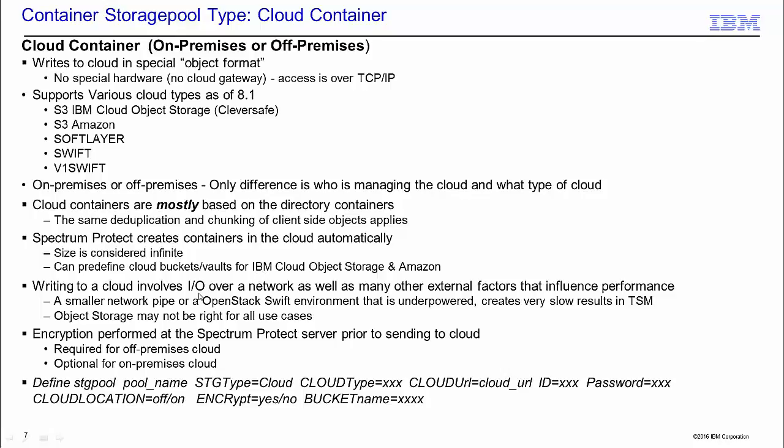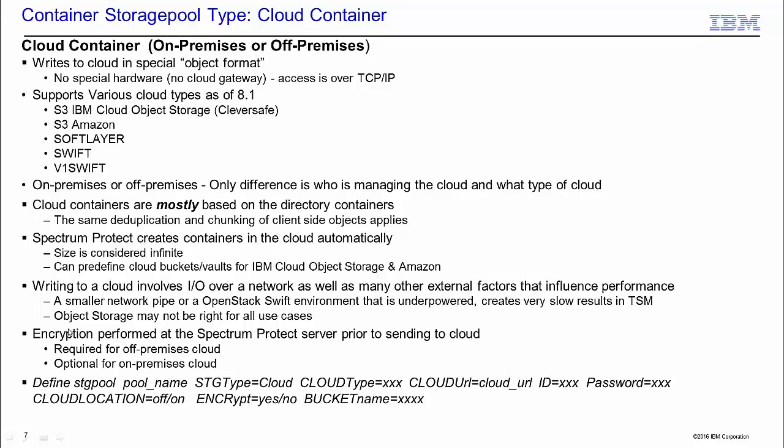One thing to remember is that anytime we're writing to the cloud, we are very dependent upon the network and any other external factors that influence that performance over the network. So for instance, if you had a smaller network pipe or an OpenStack Swift environment that's underpowered, that would create a very slow result for Spectrum Protect writes out to the cloud.